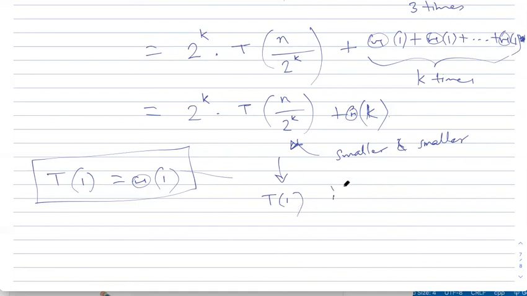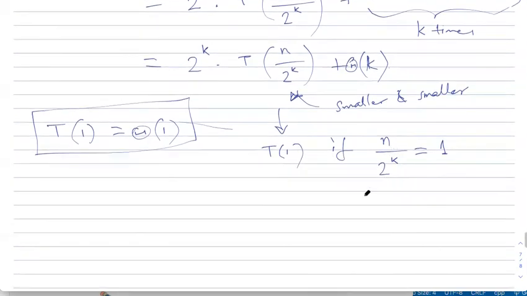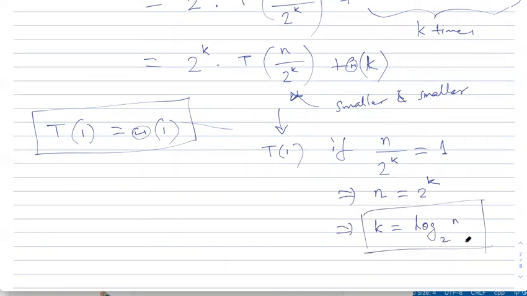This can become T of 1 if n by 2 to the power k is equal to 1, correct? Which means n is equal to 2 to the power k, which means k is equal to log of n base 2, correct? So when k is equal to log of n base 2, the value of this term will become 1.